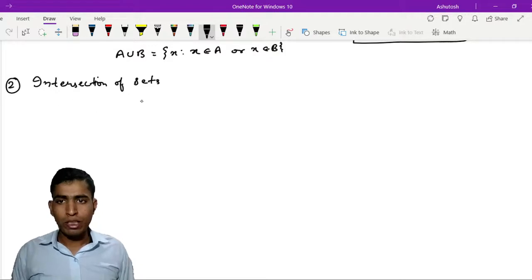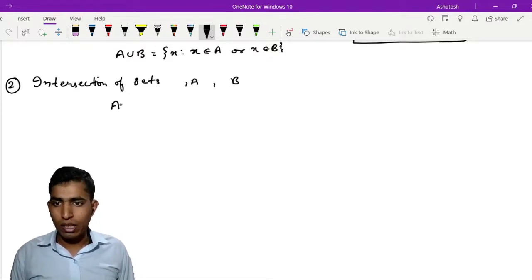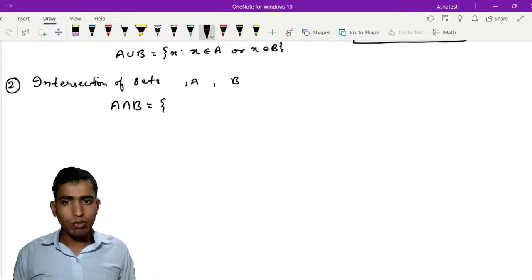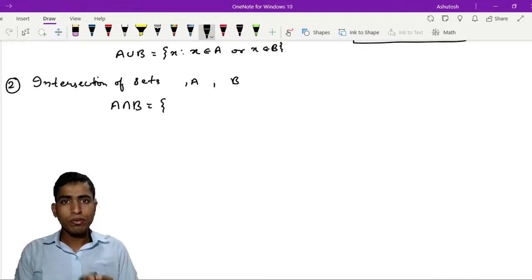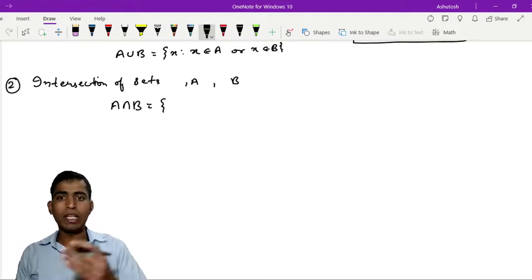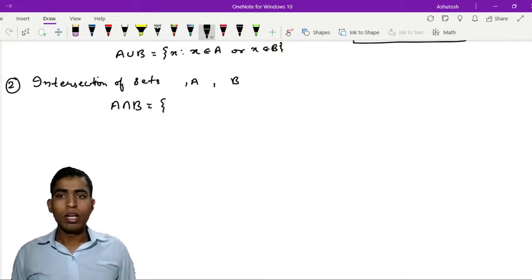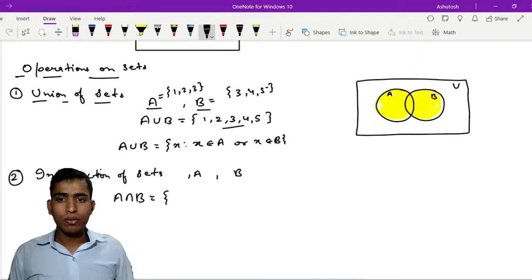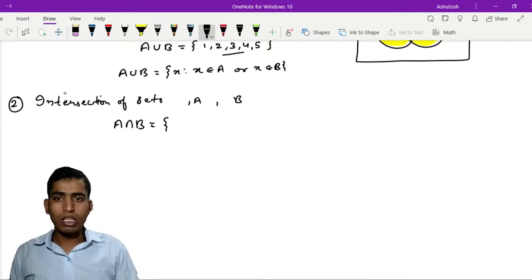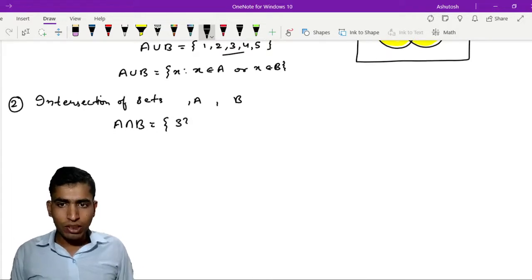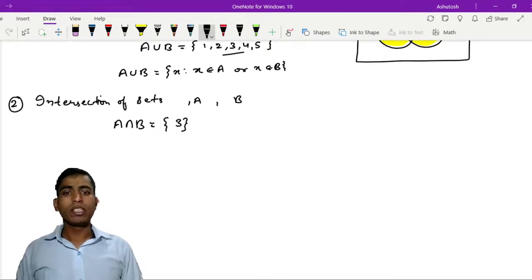So if there are any sets A and B, the intersection of A and B will be represented by this sign, and it will consist of those elements which are present in both A and B. So by seeing A and B, we can say that only the element 3 is common between them.